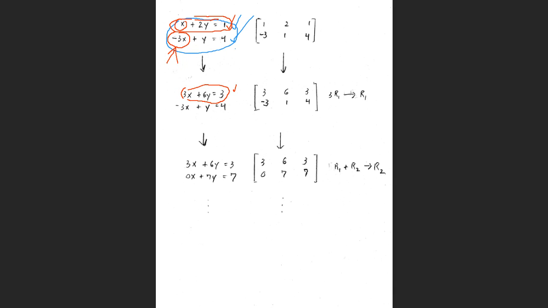Now I can add the two equations together, and the 3x minus the 3x gives me a 0x in this spot. Therefore the second equation is just 7y equals 7. So I get y equals 1, and then I substitute that back into the first equation.